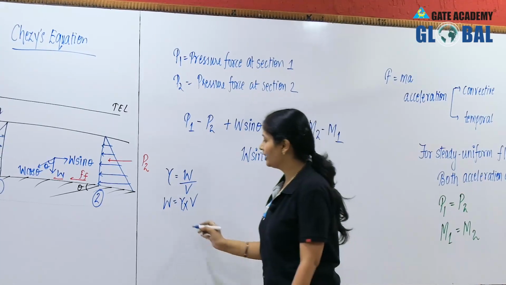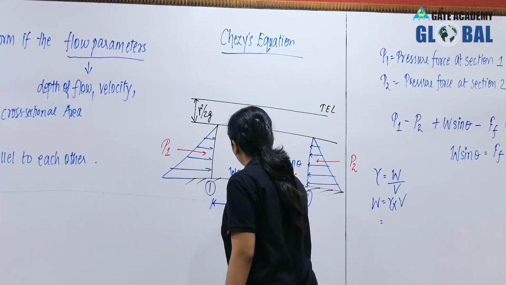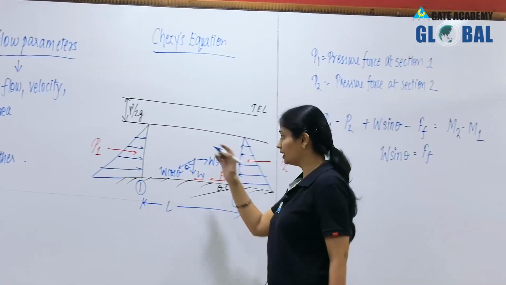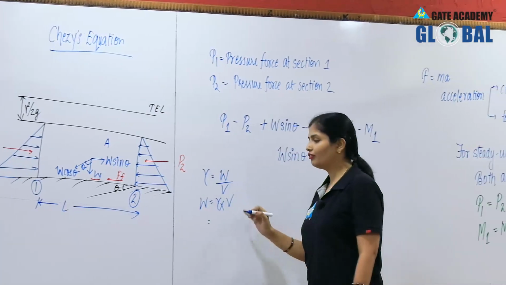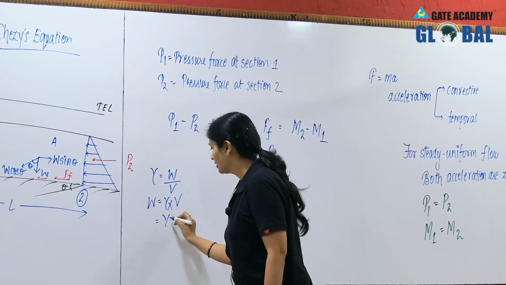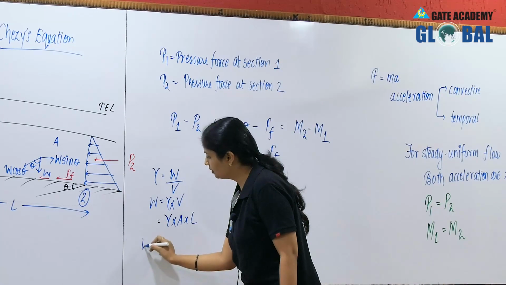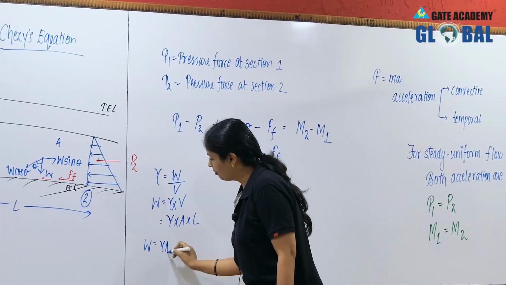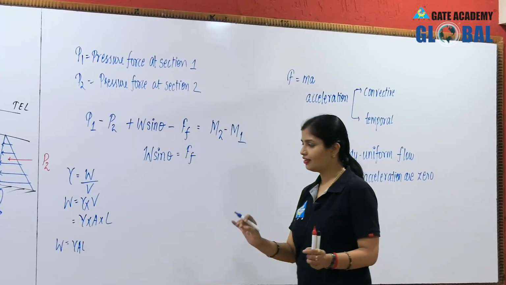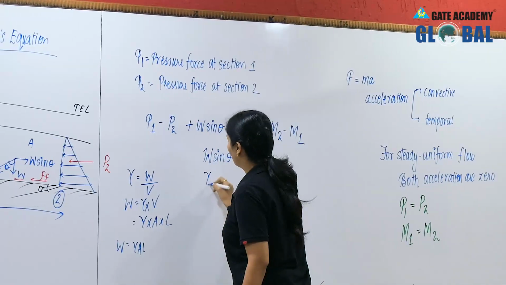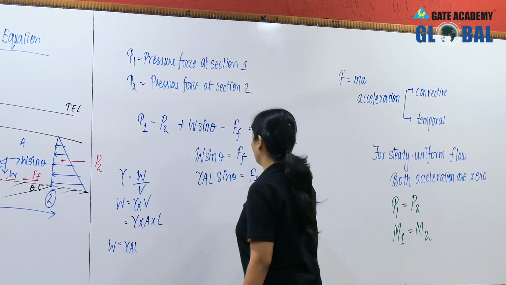Suppose this distance to be L and the cross sectional area is A. So you can write volume as A into L. That is, you can write weight as gamma A L. So gamma A L sin theta is equal to your frictional force.